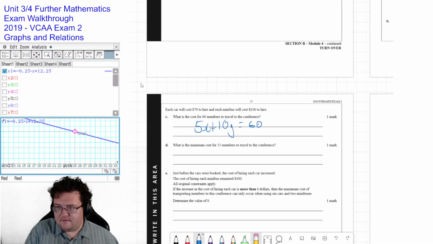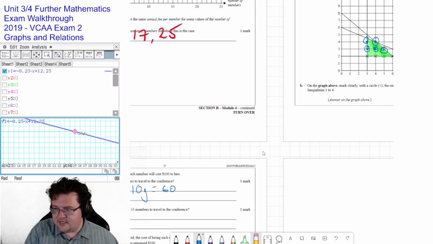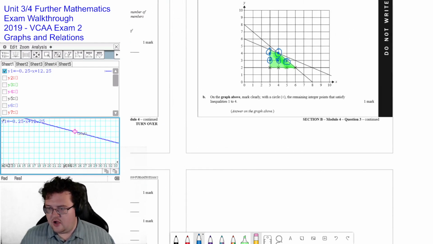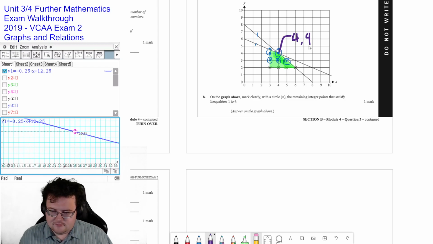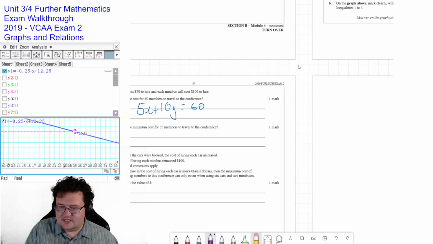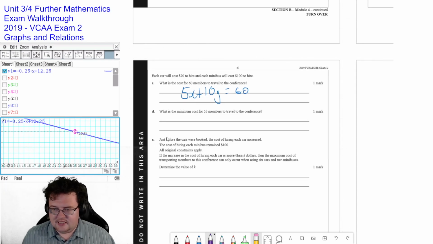You need to look up at your graph and find which point actually exists on that line. And for the record, it's either this one here or this one here. I'm not sure which one. It doesn't matter. Because if you look at this line here and this line here, only 1 point exists on both. And it's this one here, 4, 4. So that is the number that we should use in this equation here. X equals 4, Y equals 4. Put them into the equation.